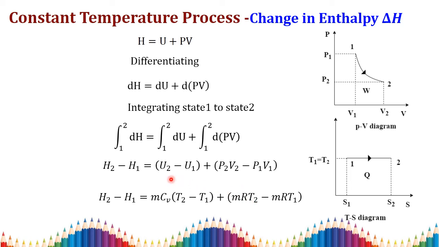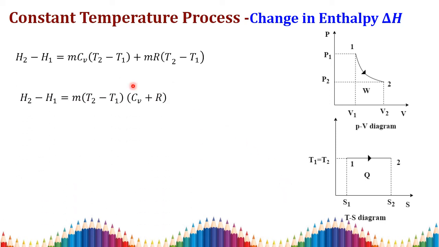We know that delta U is equal to mCV into T2 minus T1. Taking out T2 minus T1 and m as common, and writing similarly to the previous expressions like the constant pressure process, Cv plus R is Cp by the characteristic gas constant equation. R is equal to Cp minus Cv, and R plus Cv is Cp.